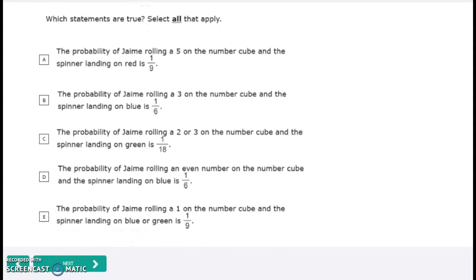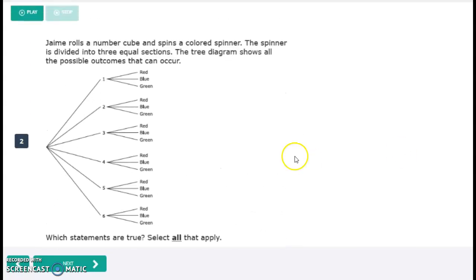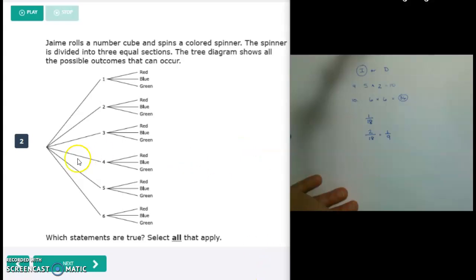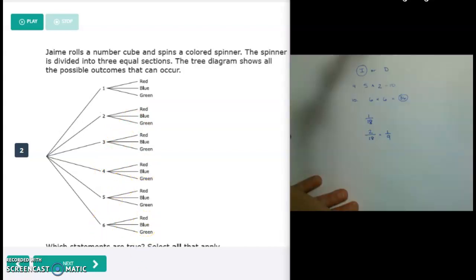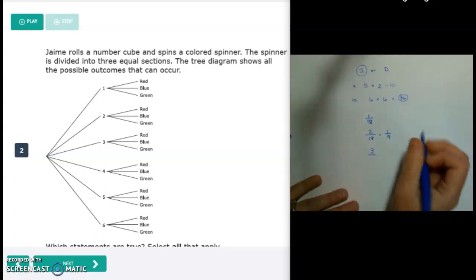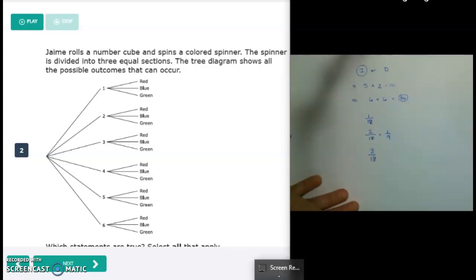In the next choice, it says the probability of rolling an even number on the number cube and the spinner landing on blue is 1/6. So an even number would be 2, 4, or 6, and we were landing on blue. So that's going to happen here, 2 and blue, 4 and blue, 6 and blue. So that is 3 places out of 18.